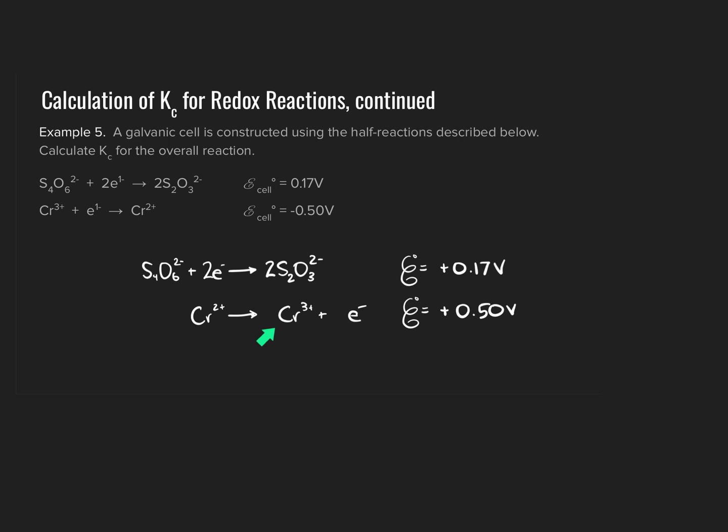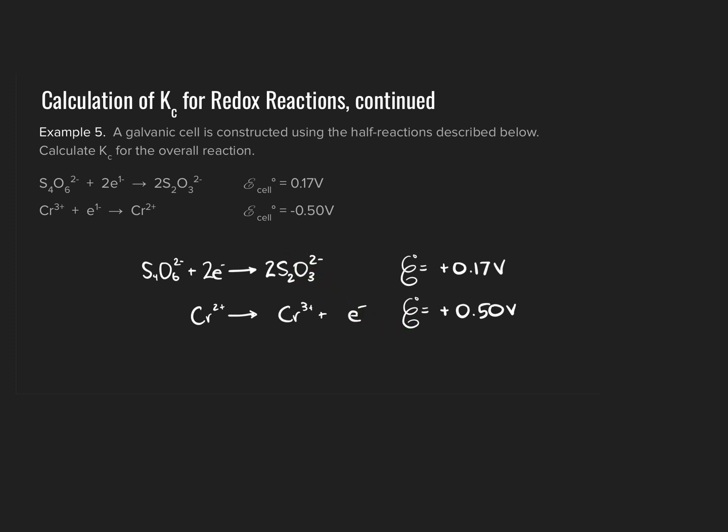And as I'm flipping that half reaction, I'm also going to need to change the sign on the operating cell potential here to a potential of positive 0.50 volts.